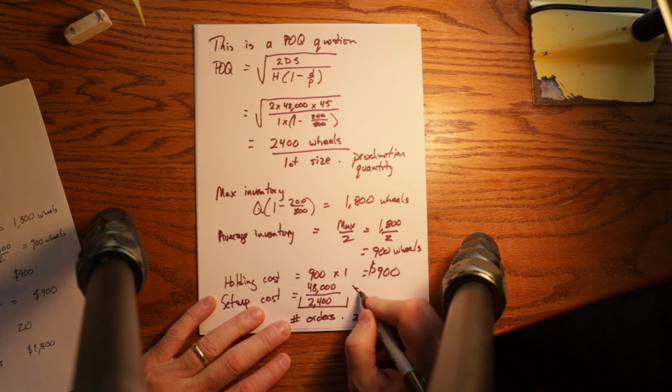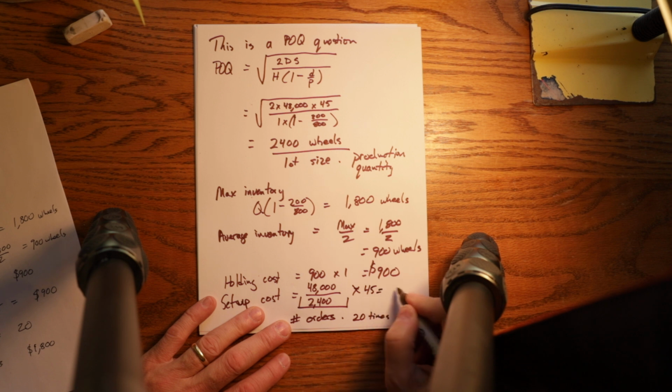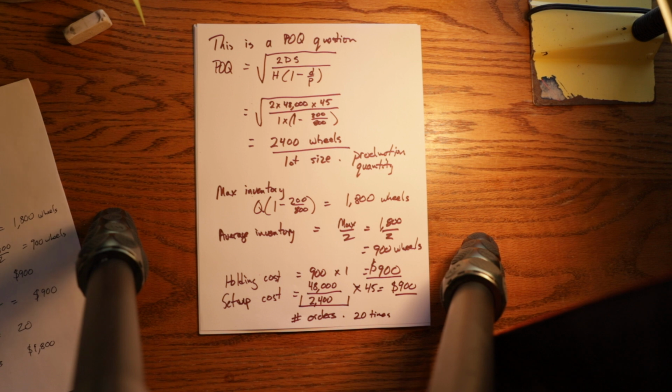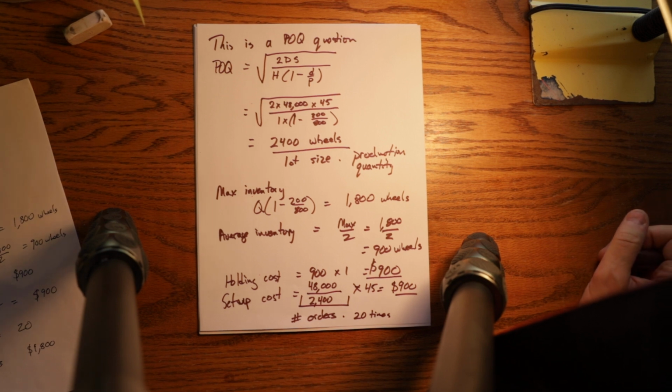So it's 20 times the setup cost, which is 45, which is equal to $900. Another thing you should remember is if you are using your optimal order quantity, setup costs and holding costs should be the same. If you are not, when the number is smaller, your setup costs will be higher and your holding costs will be lower. And if the number is bigger than the optimal, your holding costs will be higher and your setup costs will be lower. Just something to remember.